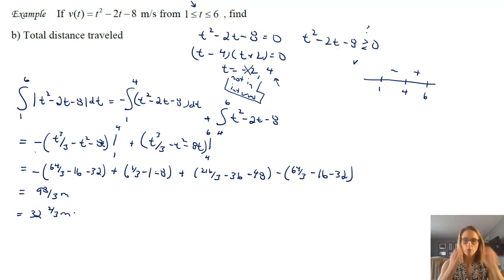So you can see the difference for sure between displacement and distance. Distance is combining all of the travel that's done, whereas displacement is thinking about where a particle ends up at the end of the time interval. And that's section 4.4.